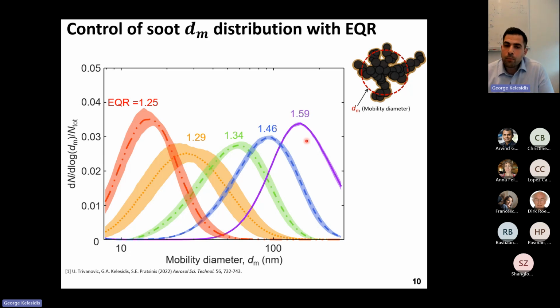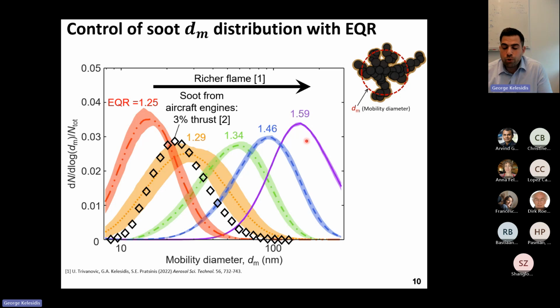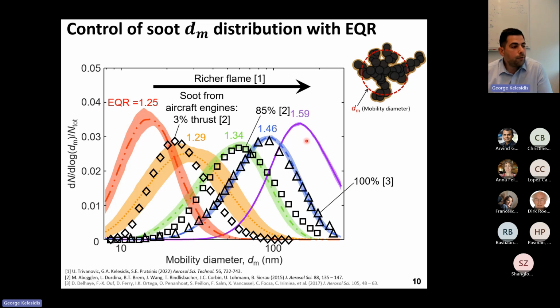Now, we compared the mobility size distributions that we measured using this lab-scale flame reactor to those measured for soot nanoparticles emitted from real aircraft engines operated at different thrust levels, ranging from 3 all the way to 100% of thrust.